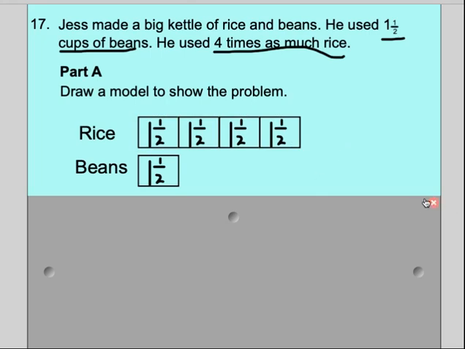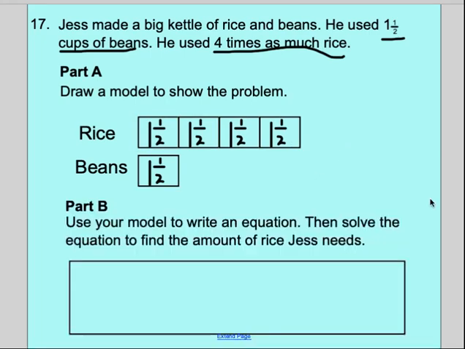Okay, now I'm going to guess we have to solve. Let's see. Part B, use your model to write an equation. Okay, we have to write an equation. Oh, now we have to solve. Then solve the equation and find the amount of rice Jess needs. Okay, so the rice is the big question this time. Okay, so let's think about this. Let's use R for rice because why not?